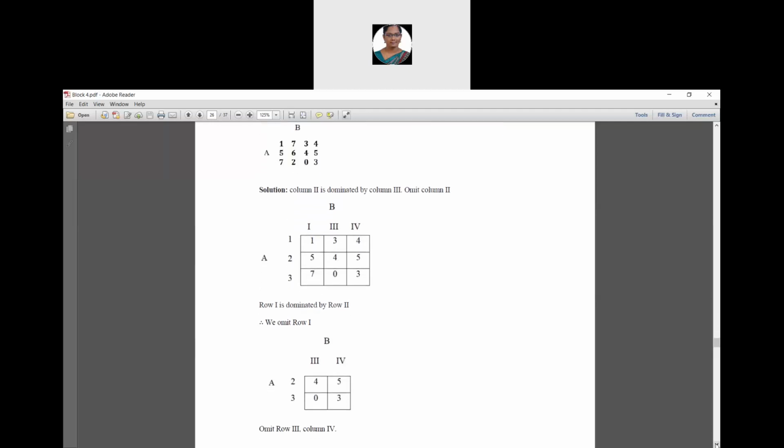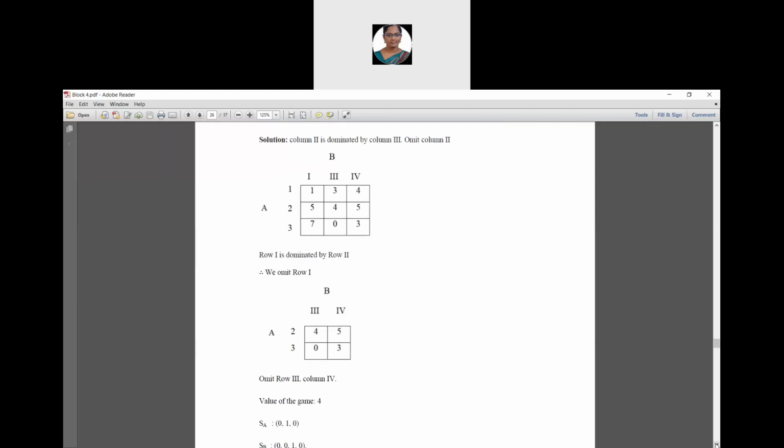Then column wise, we have to compare the 3 columns, then the dominated column will be omitted. That means the 4th column will be omitted, because all the smallest values are there in the 4th column.